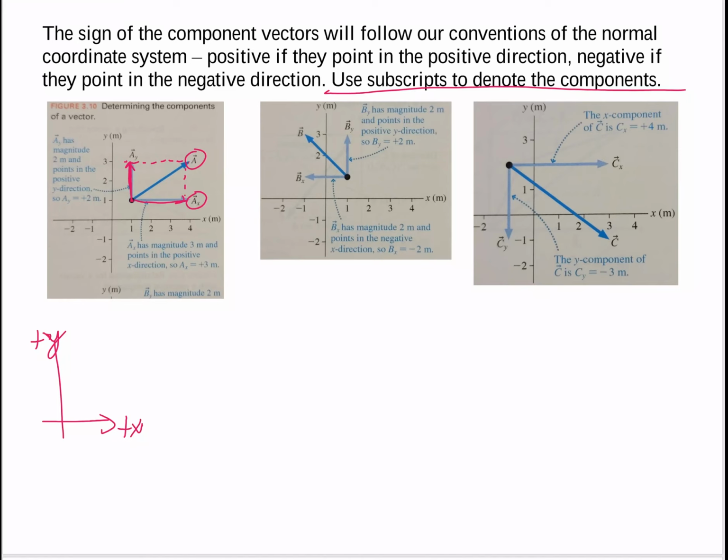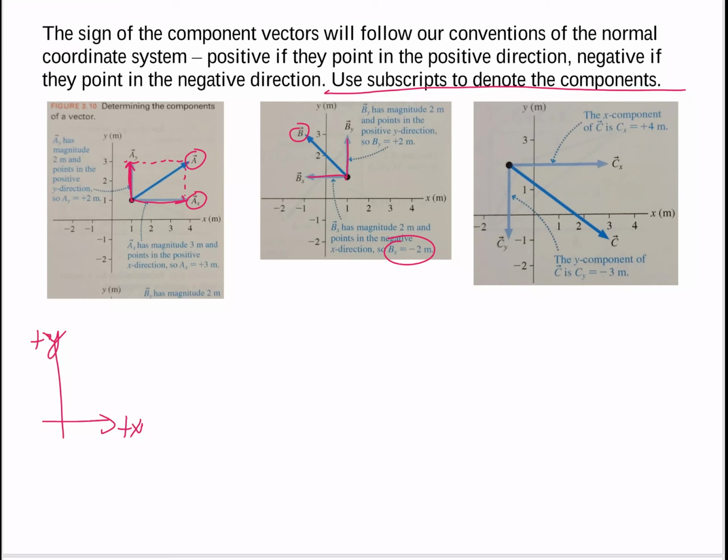So that magnitude is 3. Now we're on vector B. B sub y has a magnitude of 2, because its length is 2. B sub x's magnitude is 2 as well, but it's pointing in the negative direction. So the vector B sub x is negative 2 meters.